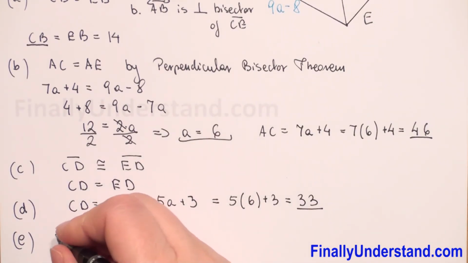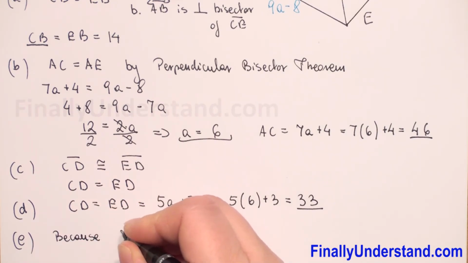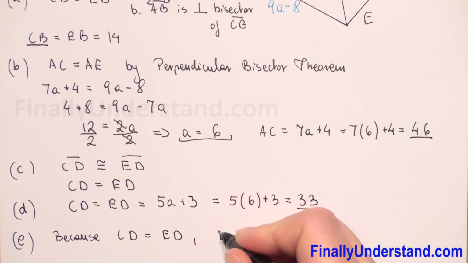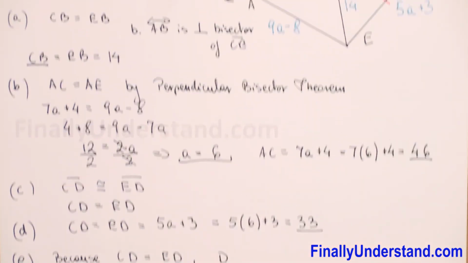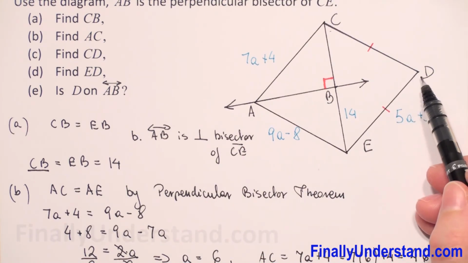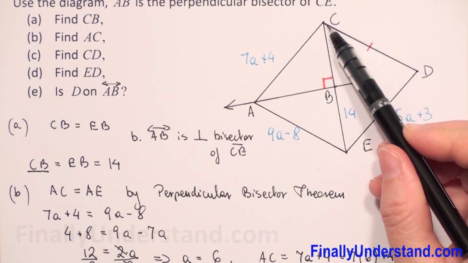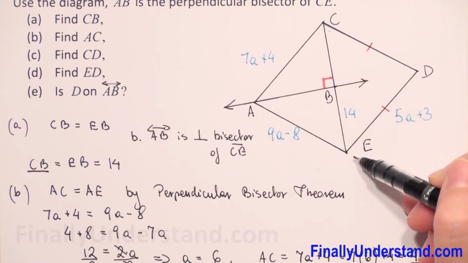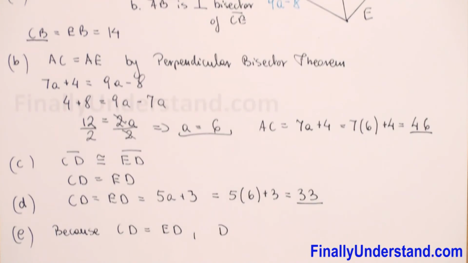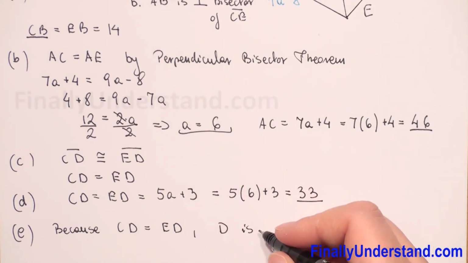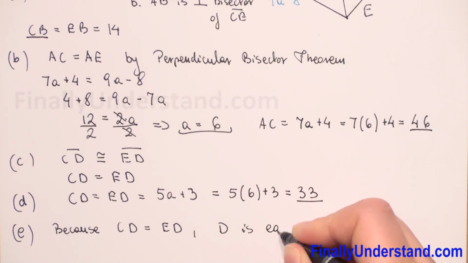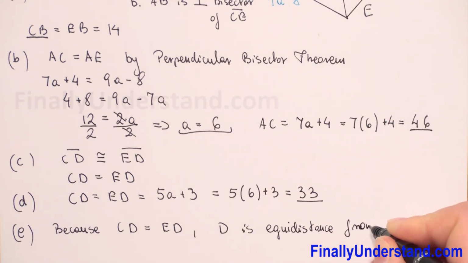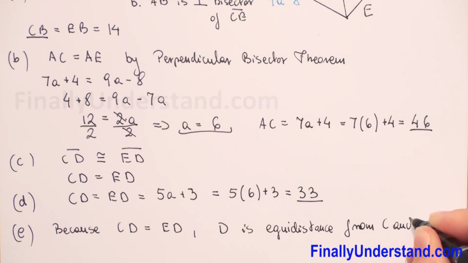So we can write, because CD is equal to ED, point D is equidistant from C and E. The distance from point D is the same to point C and point E, because CD is equal to ED. So point D is equidistant from C and E.